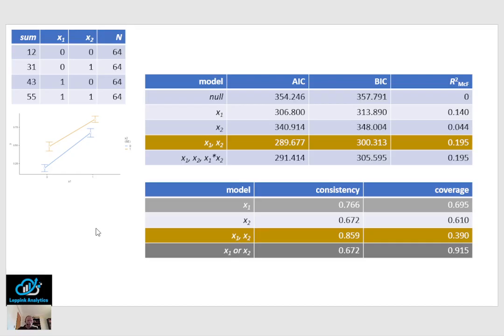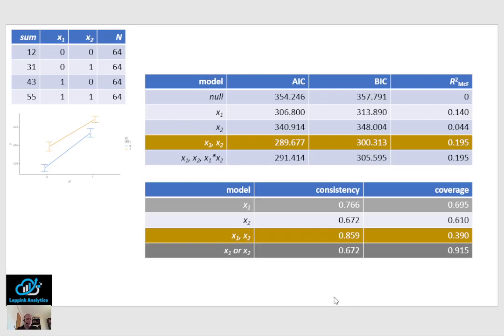So the coverage goes up. There are only 12 successes which are not covered, so just over 8% of successes not covered by the rule X1 or X2. Coverage up, but consistency down, and lower consistency values are generally not recommendable because basically it means lower consistency, more exceptions. It's a weaker rule.